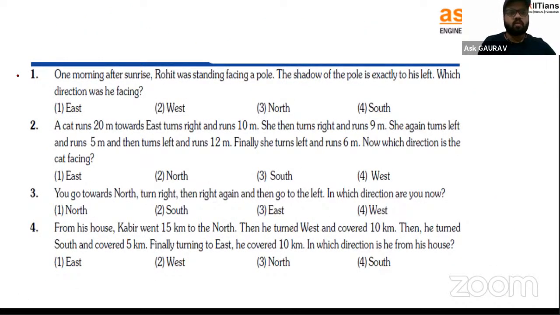Okay, do this question number 1. Read this question. One morning after sunrise, Rohit was standing facing a pole. The shadow of the pole is exactly to his left. Which direction was he facing?